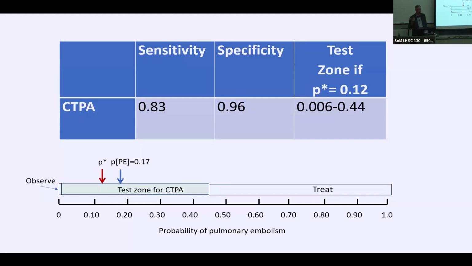These numbers may be even better now because our scanners have gotten better since this major national trial that was published a number of years ago. So the test zone is very broad. And with our post-test probability after the D-dimer, we're right in the middle of the test zone for CTPA, so we should do it.